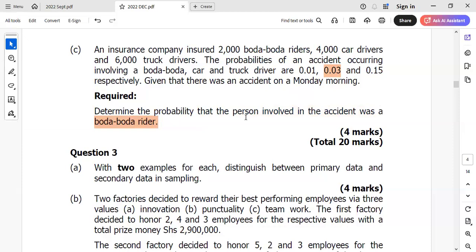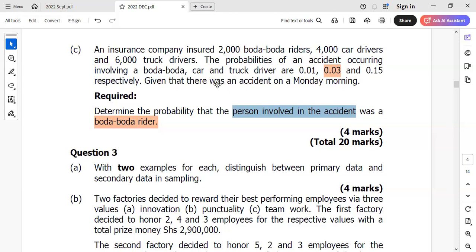Determine the probability that the person involved in an accident. An accident must first occur. Then an event has occurred. What is that event? An accident has occurred. Then we ask ourselves, in that accident, what is the probability of finding that we had the boda rider? So the event of interest is the boda rider because it comes after an accident has occurred.